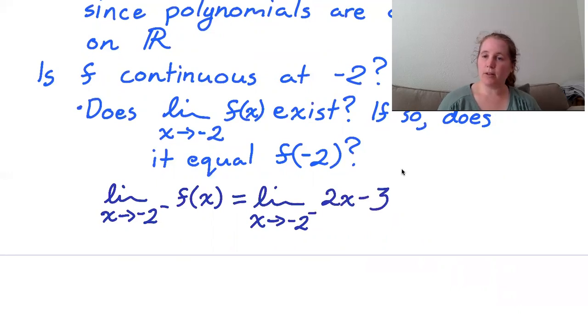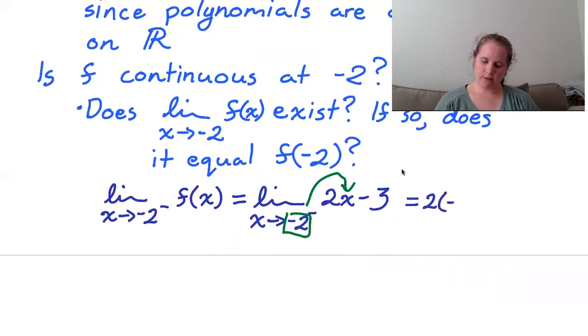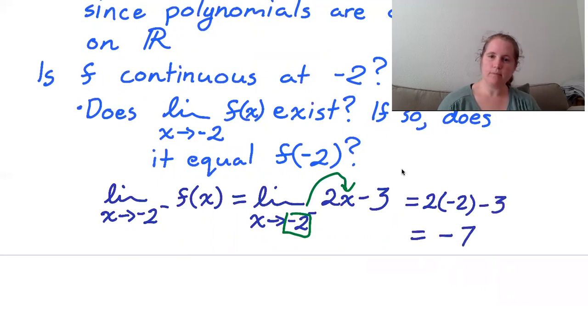And that's a polynomial, we can just plug in. If we plug in a -2 in place of our x, we get 2 times -2 minus 3, otherwise known as -7.